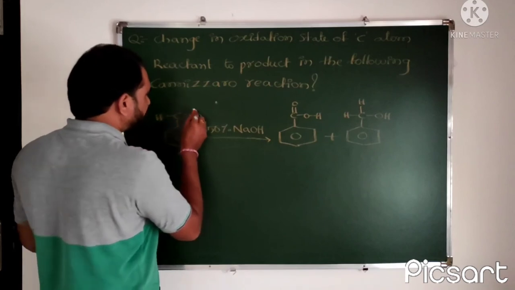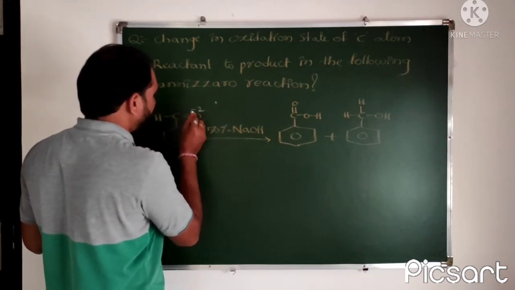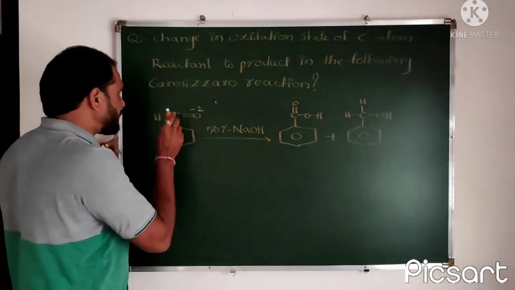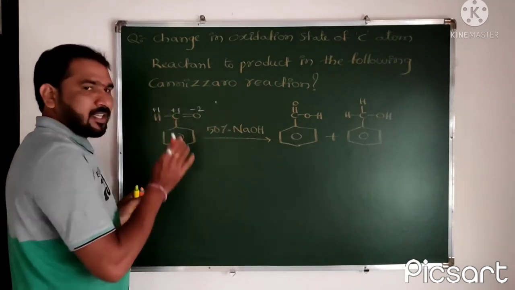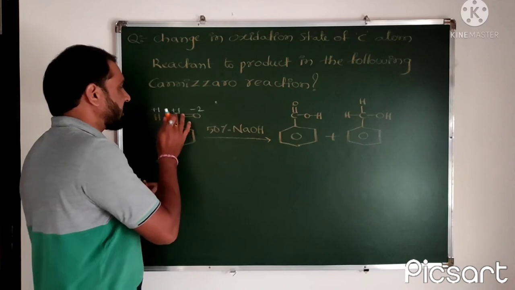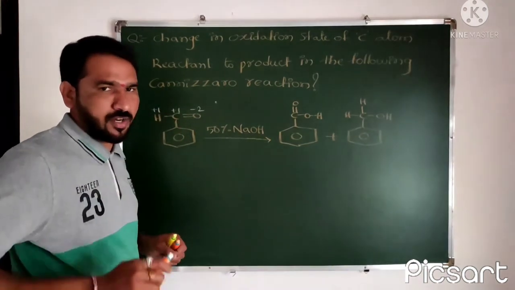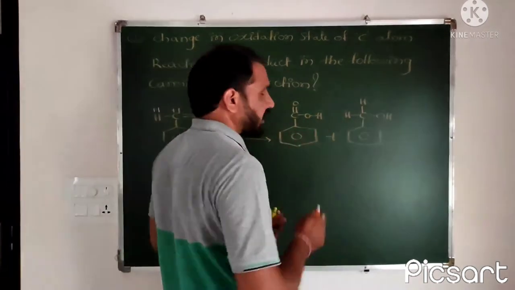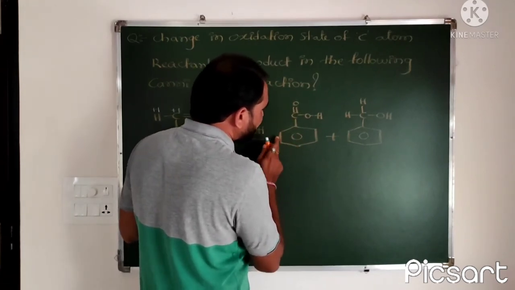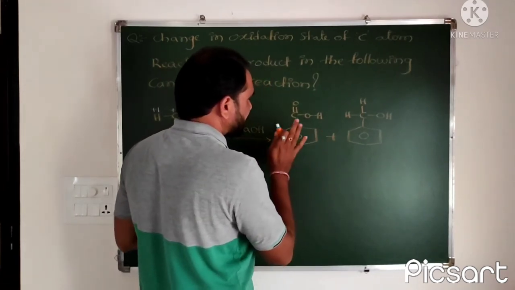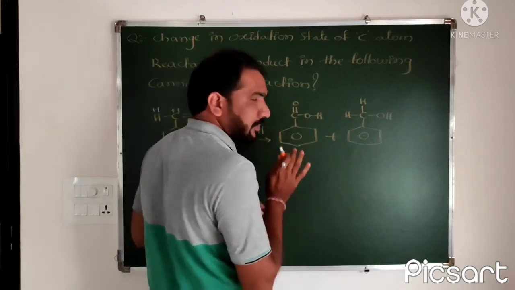Oxygen oxidation state is -2, which means +2. That +2, here +1, here +1, so in the reactant benzaldehyde the carbon oxidation state is +1. Then coming to the right side products. Here also the carbon is attached to the carbon present in the ring. There is no oxidation state generated by this ring carbon.